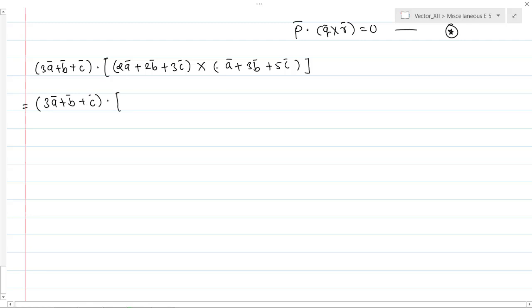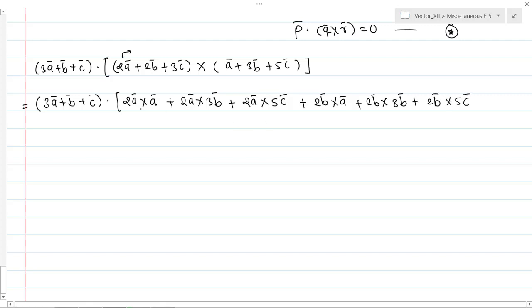Next we have 2a bar cross a bar plus 2a bar cross 3b bar, multiplying 2a with the second bracket, and then 2a bar cross 5c bar, plus 2b bar cross a bar plus 2b bar cross 3b bar plus 2b bar cross 5c bar, plus 3c bar cross a bar plus 3c bar cross 3b bar plus 3c bar cross 5c bar.